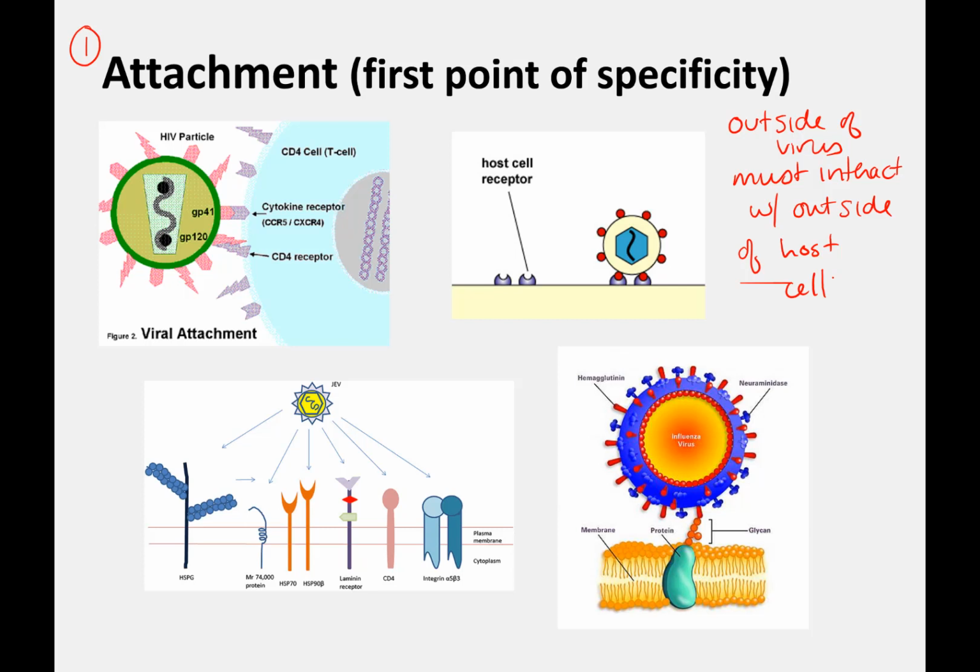So attachment to the receptor helps determine what we call tissue tropism. And remember, that means which cells the virus can specifically infect. So this is just an illustration.